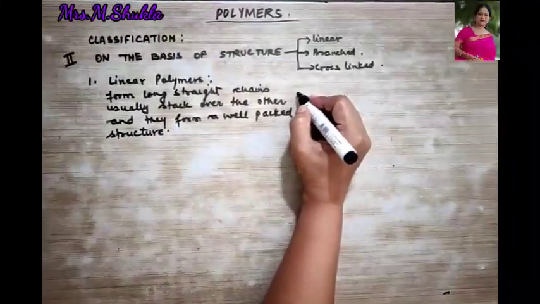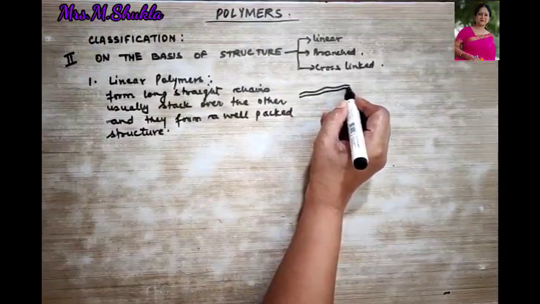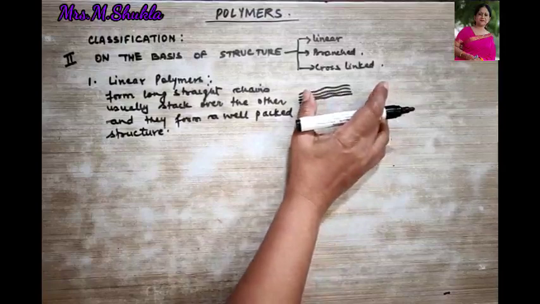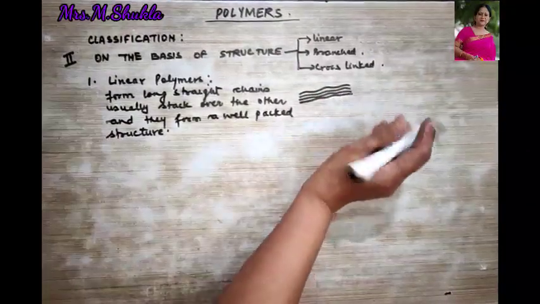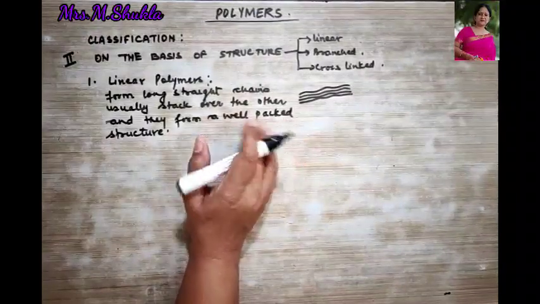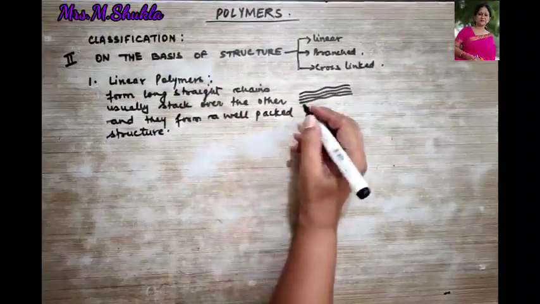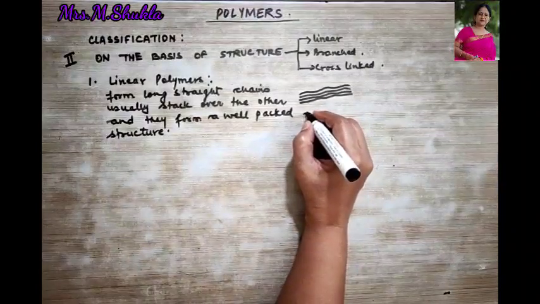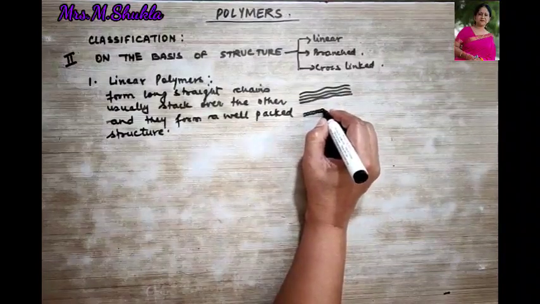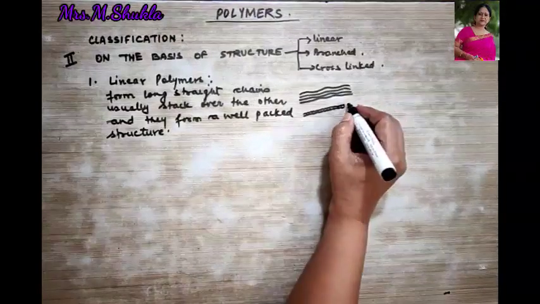So it could be like this. See, they are stacked over one another. This is called a linear polymer. The chains are formed straight. Due to close packing, they may even have high density, high tensile strength or high melting point. They could also be in the form of a chain. Now since I'm using a thick nib, things may not be so clear to you, but I'll try to make it clear.